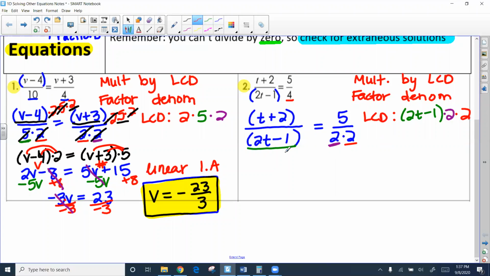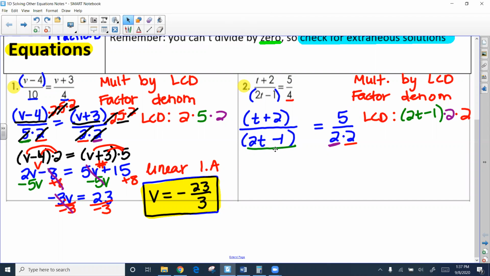Okay, so I have to include all the factors. Now, you might notice 2 times 2 is just 4. In a case where there is no common factors, the LCD is just all the factors multiplied together. So we didn't actually have to factor this in this case because there weren't any common factors. Okay, so now let's go ahead and solve this.